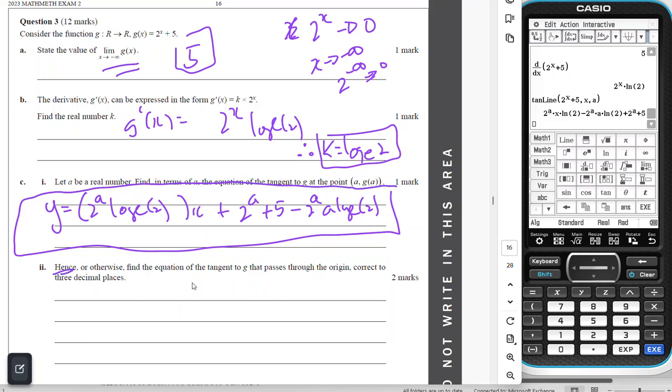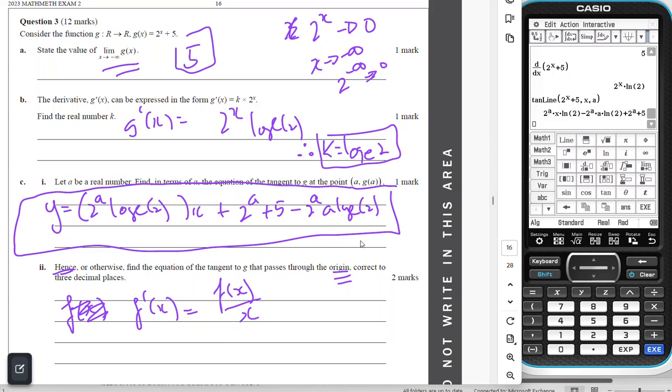Hence or otherwise, find the equation of the tangent that passes through the origin. Okay, tangents that pass through the origin. Go to the case of tangents that pass through the origin, and f dash of x equals f of x on x.